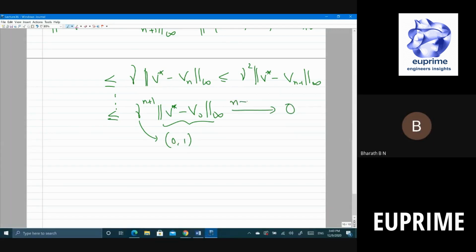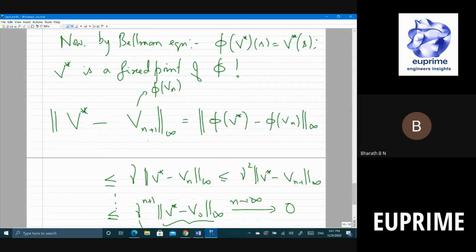Nu to the n plus 1 goes to 0 as n goes to infinity. Is that fine? That means as n goes to infinity, v star minus vn plus 1, the max component of this difference vector goes to 0. That means every other component should also go to 0. That means in vn plus 1, every component goes to the components of v star, which is the optimal. Is that fine?